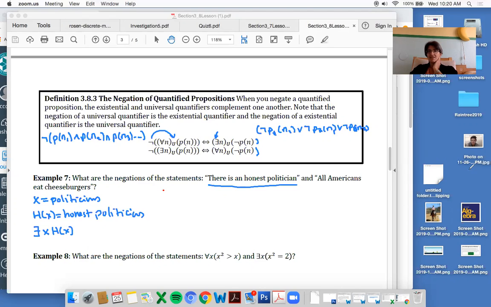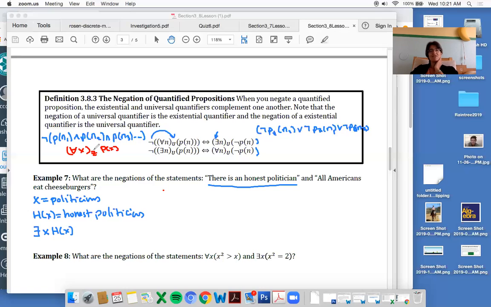Michael, what does the subscript U mean? So this is the universe. Sometimes you'll see the universal quantifier given as, for all x in integers, the statement P(x) is true. So sometimes you have a subscript there that denotes the integers.